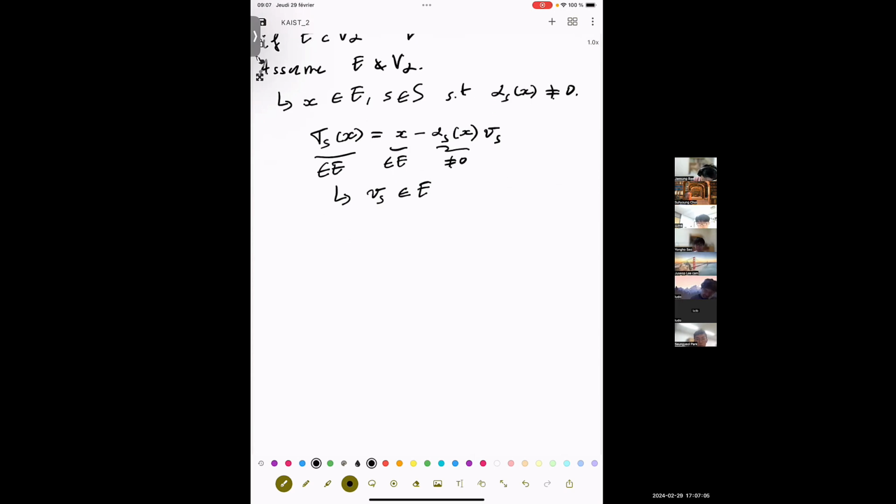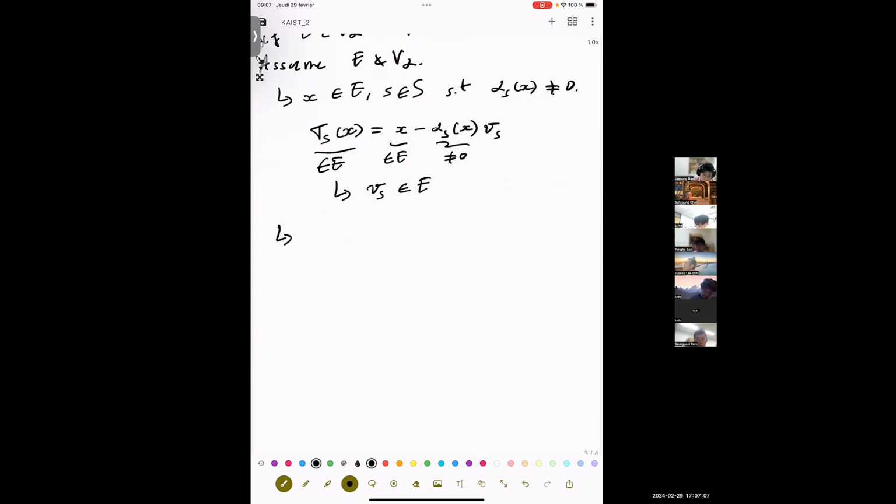Second point, you take a t in S such that m_st is not equal to 2. That means that alpha_t(v_s) is not 0. Then you look at sigma_t(v_s).